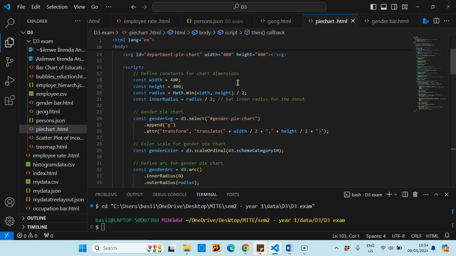We create variables for width and height, and since it's a pie chart, we also have to look at the radius to see how big that pie chart will be. The constant radius is for both pie charts, and then the inner radius is for if we choose to use a donut, like those donut pie charts. That is why we are defining the inner radius. That's what inner radius is about.